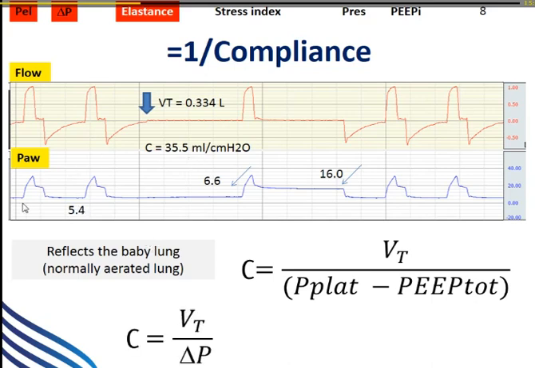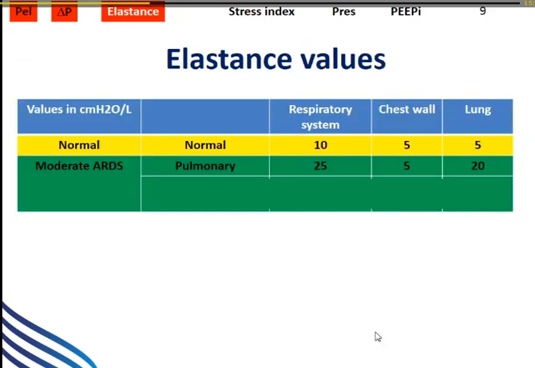And if you get back to the formula of the compliance, the ratio of tidal volume to driving pressure, that means that the driving pressure is a ratio of tidal volume over compliance. That is a ratio of two volumes, the tidal volume here and the compliance there, which is a reflection of the baby lung, and therefore is a rough, indirect reflection of the strain.